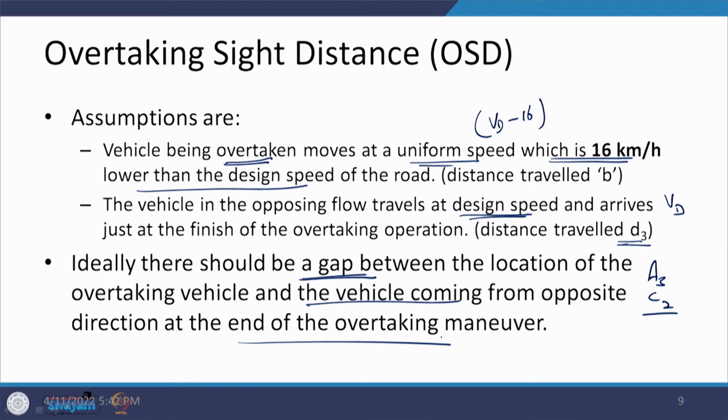But this factor has been taken into consideration in the US guidelines, S2, where it speaks of a distance of something like 30 to 60 meters to be maintained between locations A3 and C2 to provide more safety.